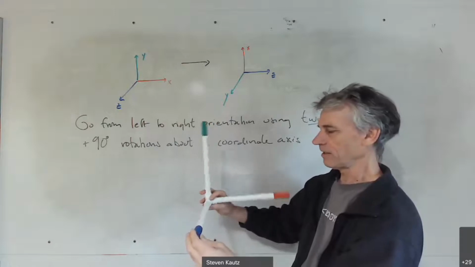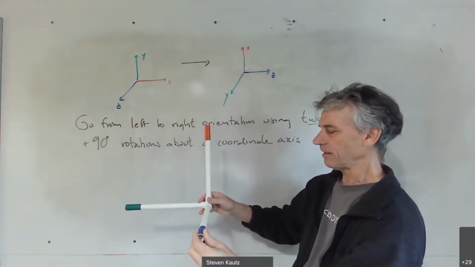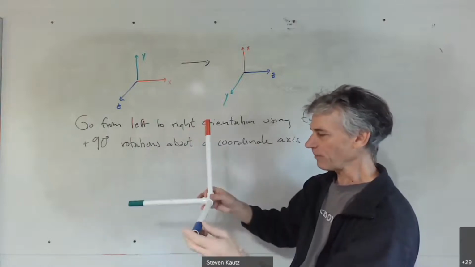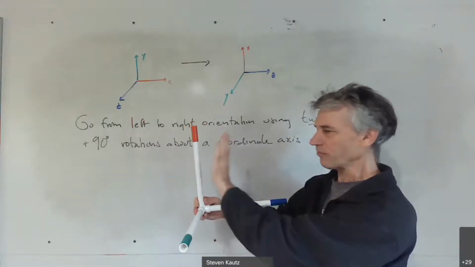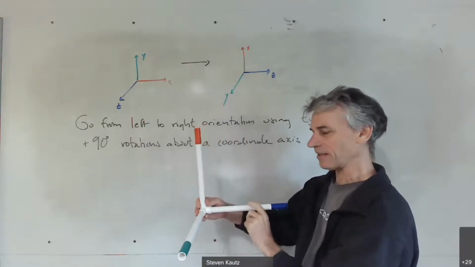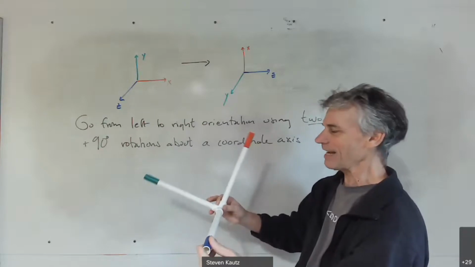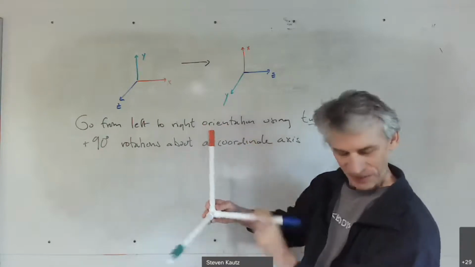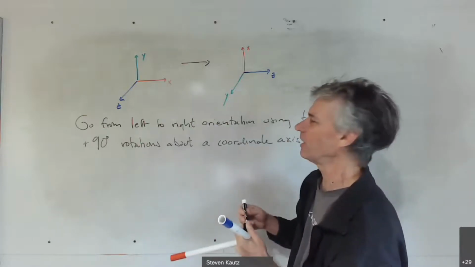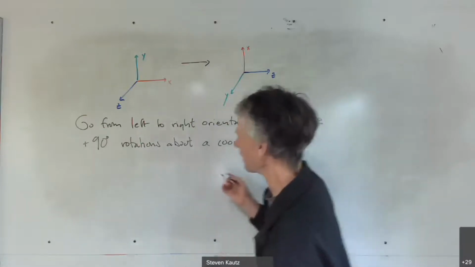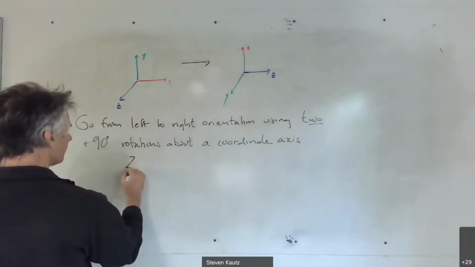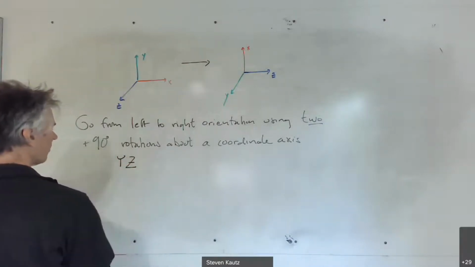So z and then y. And notice when I'm doing my y, I'm doing it with respect to the original world frame, the original y-axis, which we call an extrinsic application. Although I'm beginning to debate whether that terminology is really helpful or not, but it probably is. So one way to do it is we'll do a z rotation followed by a y rotation.